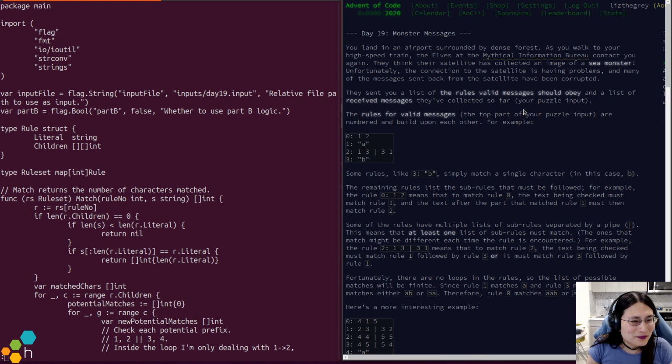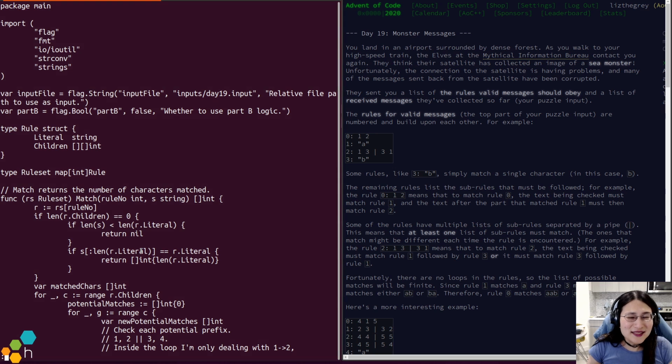Yep, day 19. So day 19 took the notion of parsing up a level, right? Instead of you being expected to parse an input using the tools provided by your language runtime, in day 19 you were given a context-free grammar to evaluate and asked whether any given string happened to match that grammar or not.